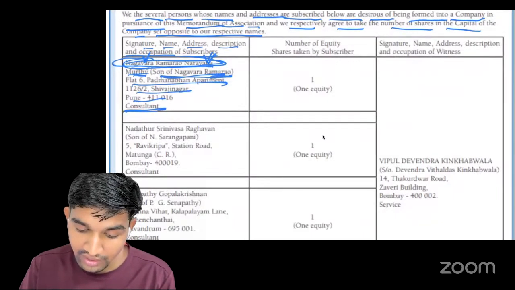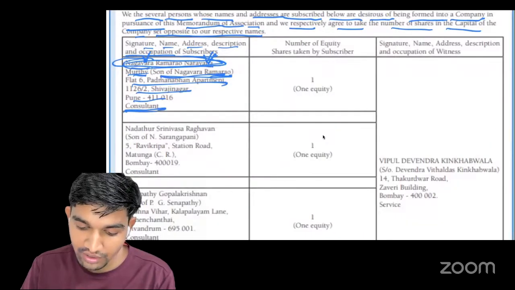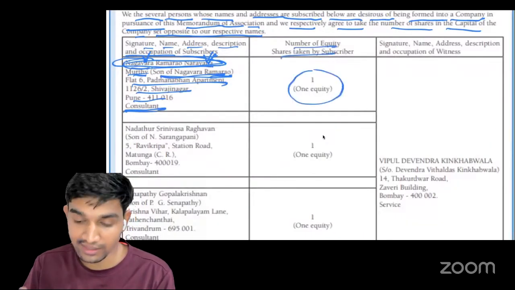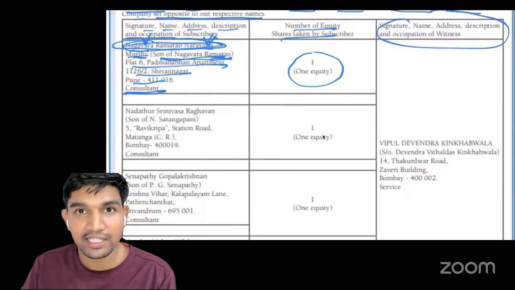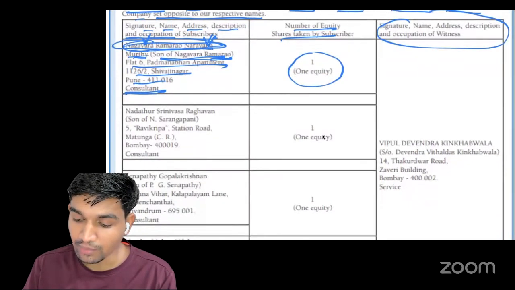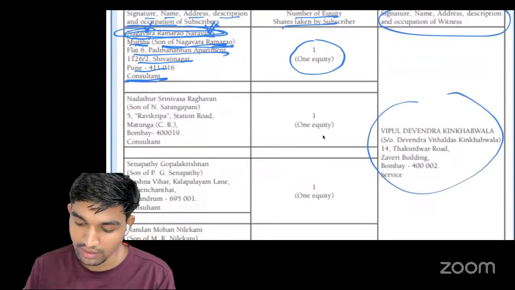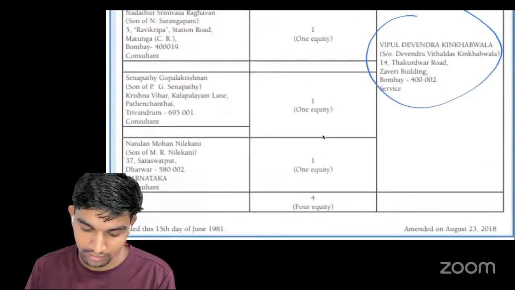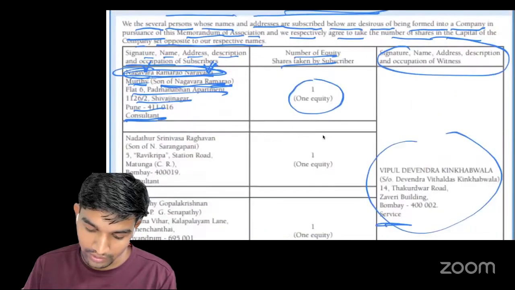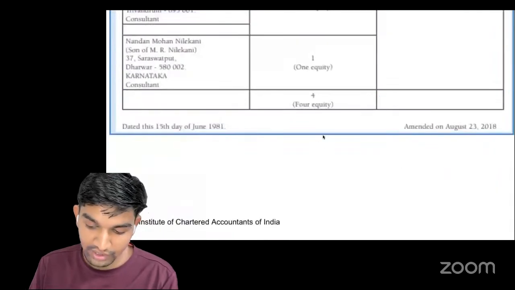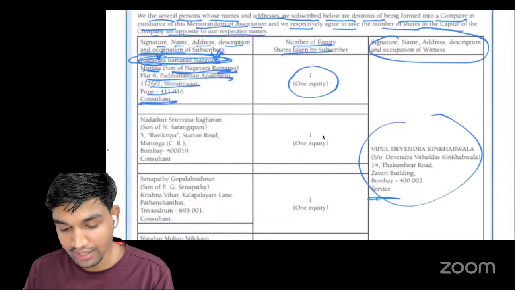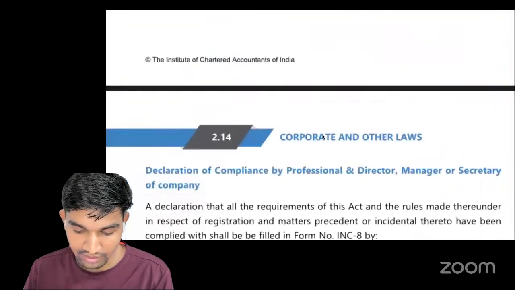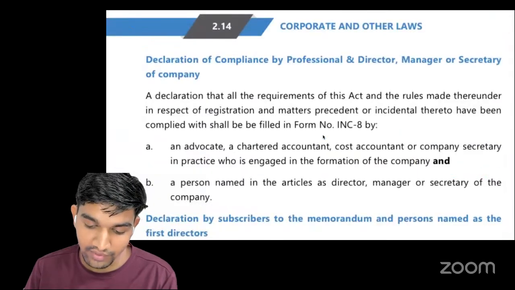And against their name, they have mentioned the number of equity shares taken by the subscriber. And here they have given signature, name, address, description, and occupation if any of the witness in this section. Now they have also mentioned the date over here. So it is dated and duly signed by the subscribers and signed by the witness.